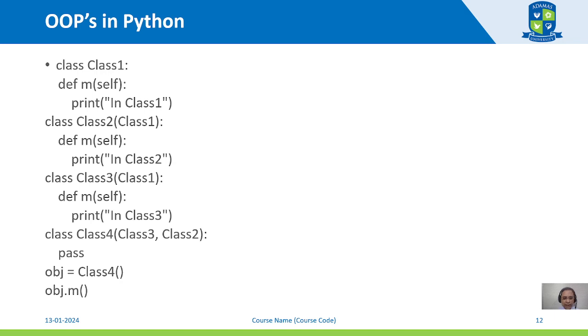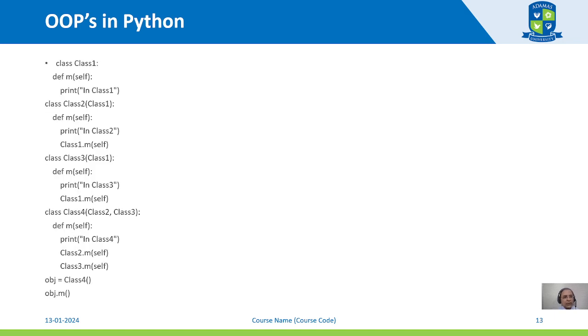Okay, now here you can see we have mentioned one data member function within class 4, and again we have called the class 2.m method and the class 3.m method.